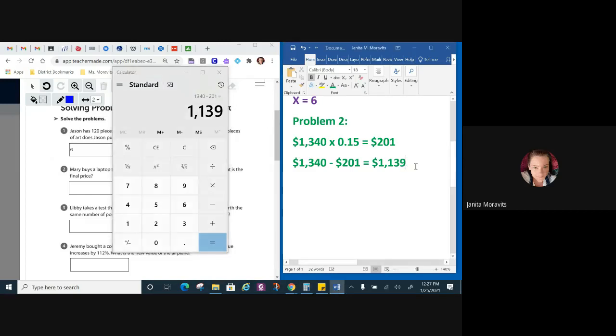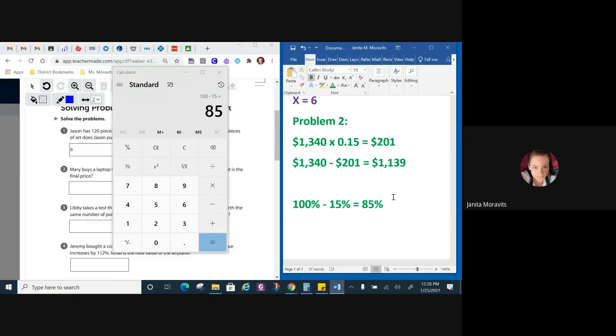So you could say 100% minus 15% equals, well, what's 100 minus 15? That leaves you with 85%. So she's actually going to only pay 85% of the price.